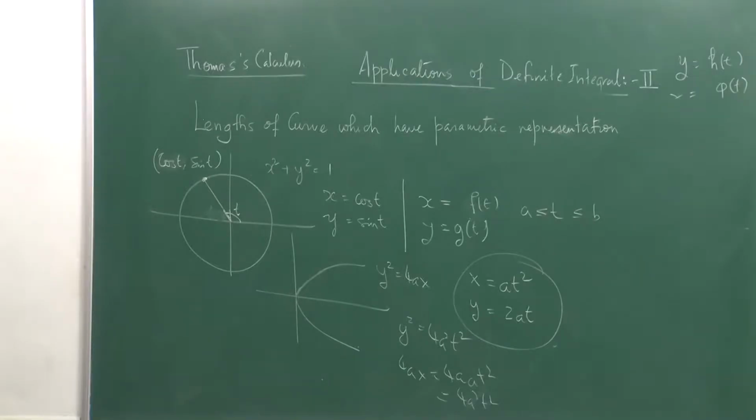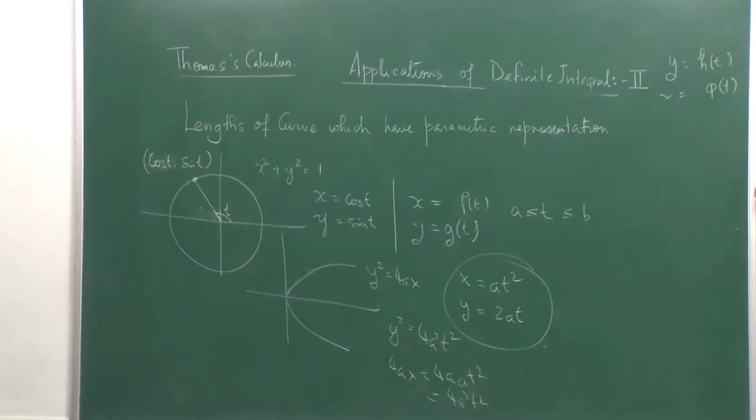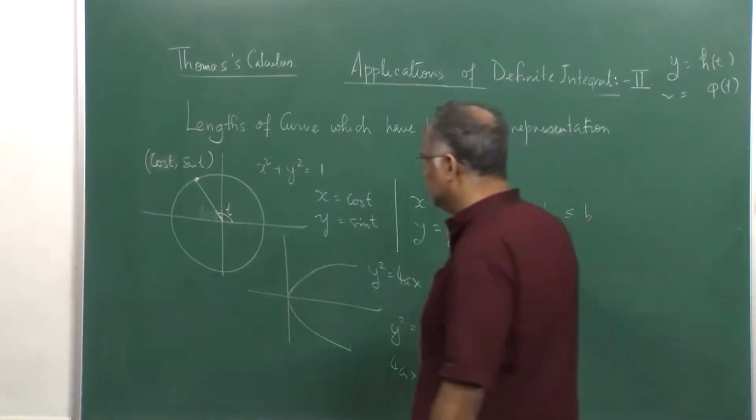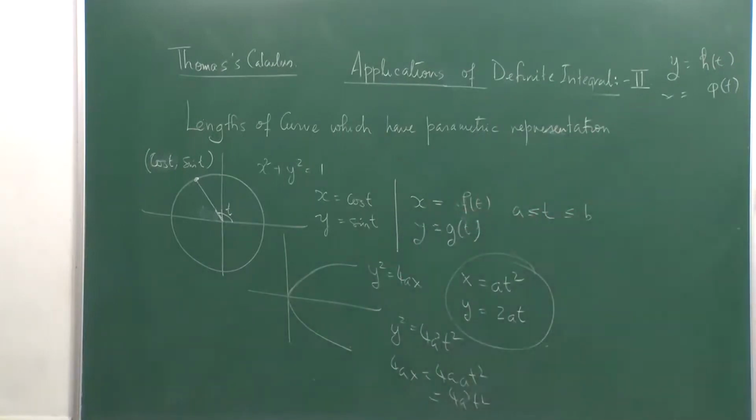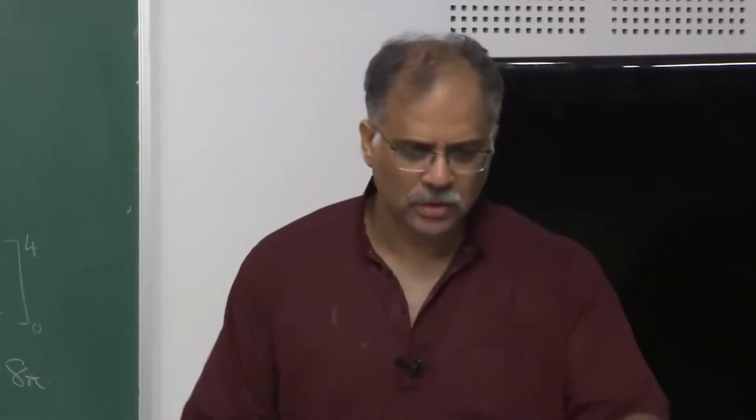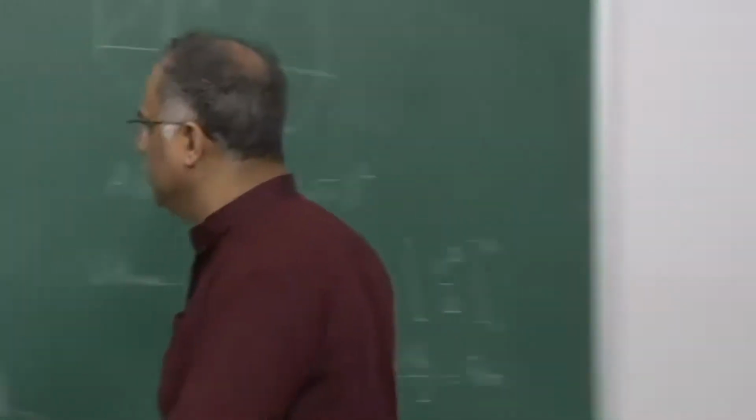Now, if you have a curve defined by a parameter like this, which is a parametric representation, how does one find the length of this curve? It is actually pretty simple.